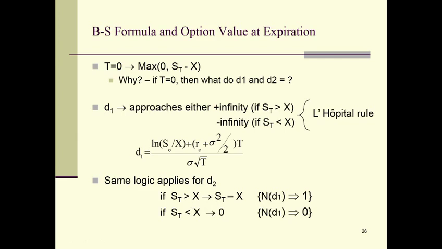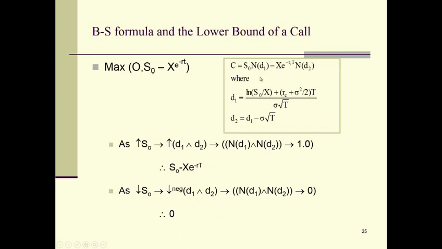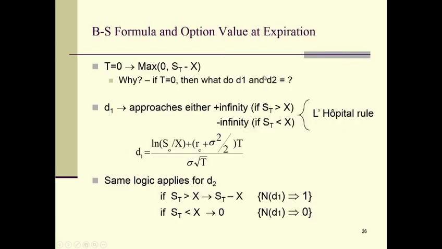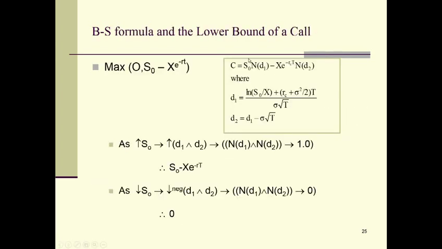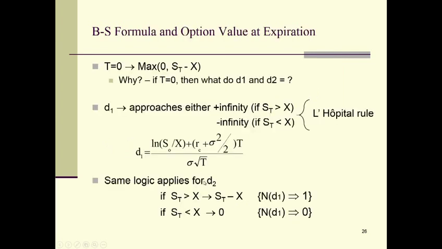So when N(d1) approaches 1, what happens to the value of your call? You replace it with 1 and you get the value. So S times 1, X times 1, you have this same thing here. But we said it's simply equal to S minus X. There's no more present value.